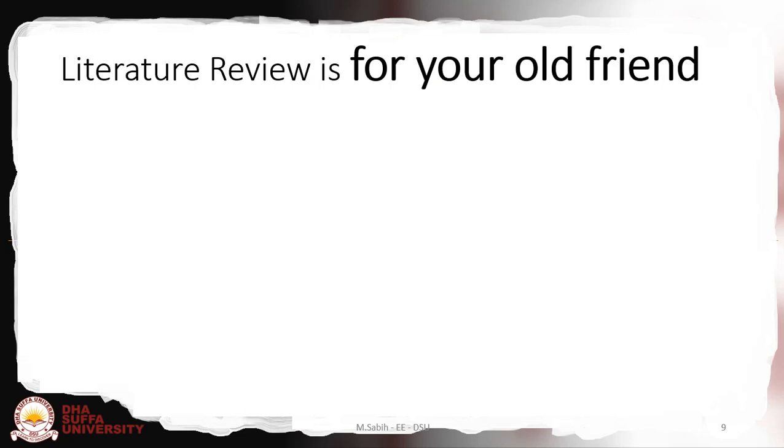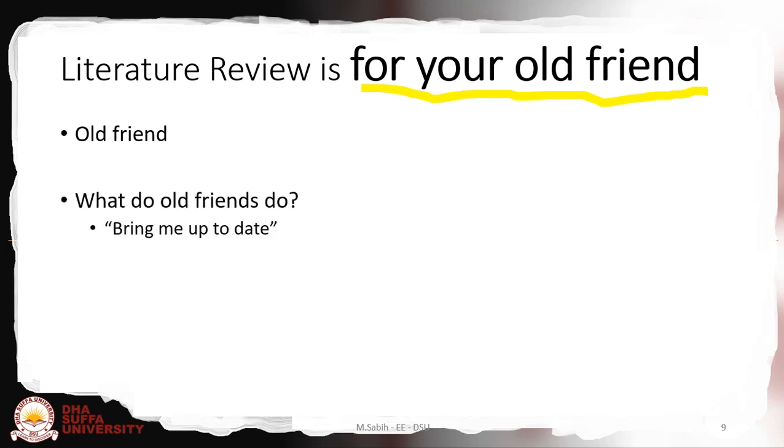A literature review is basically for someone. Imagine you meet an old friend after years, and he asks you, okay, bring me up to date. You have to tell everything that happened to you to update your friend.